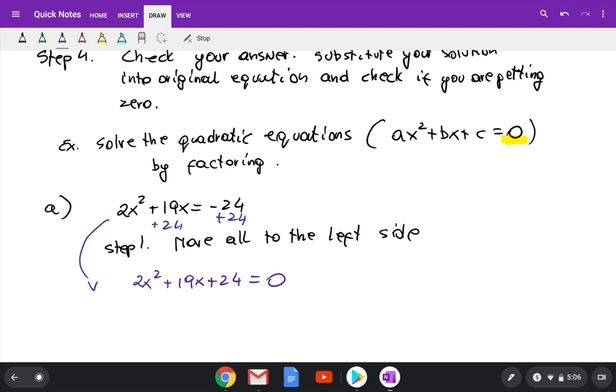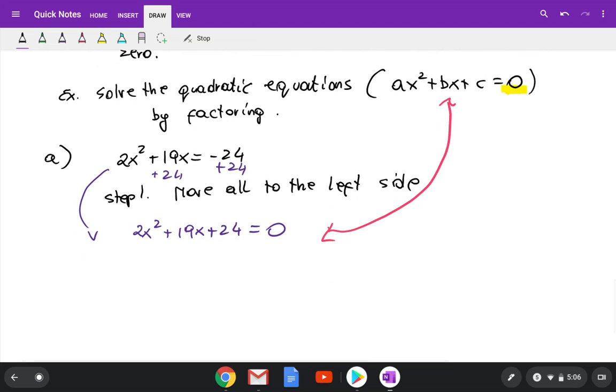So this is definitely the quadratic equation in the form ax squared plus bx plus c. That's what you need to have to be able to use the AC method. Next, step 2, factor out 2x squared plus 19x plus 24 using the AC method.